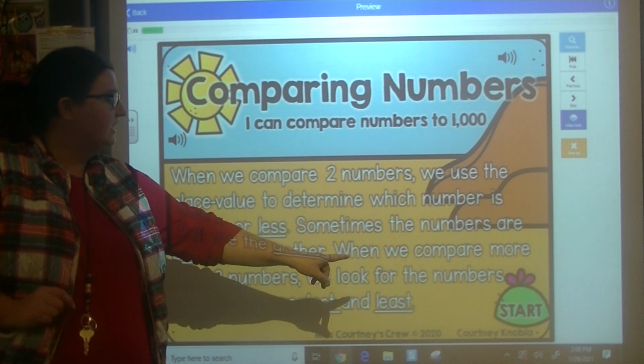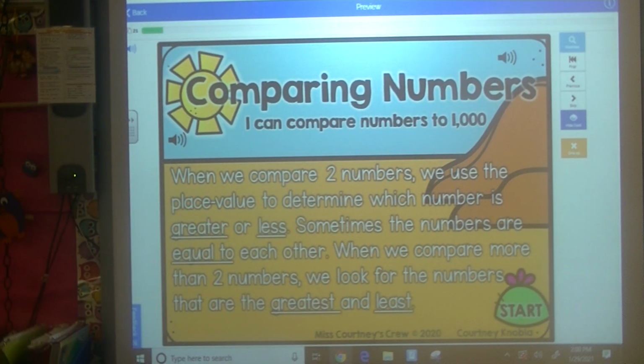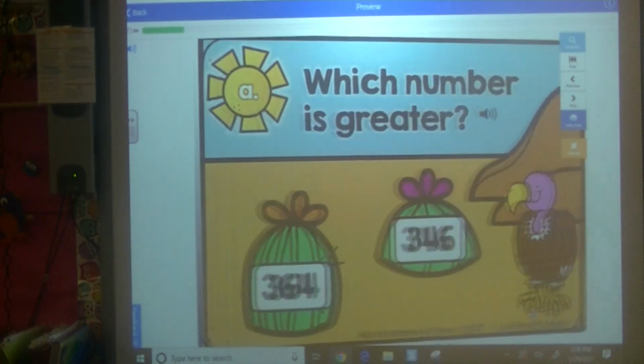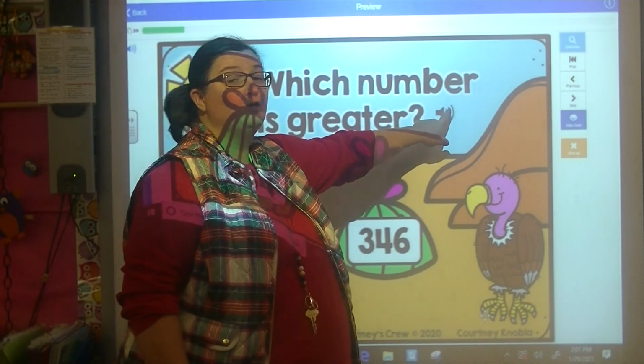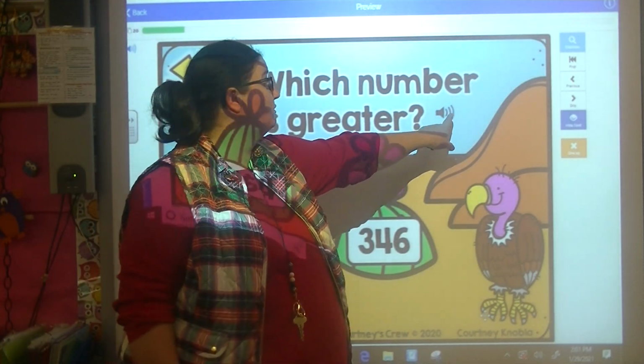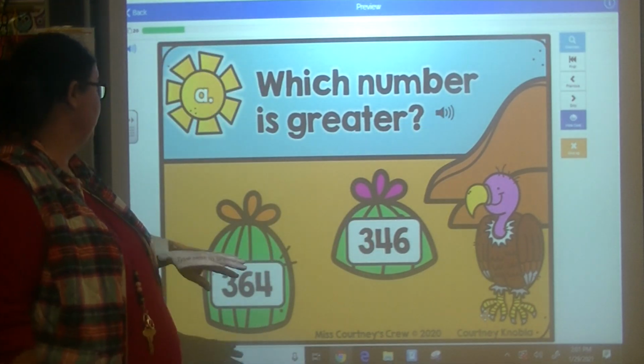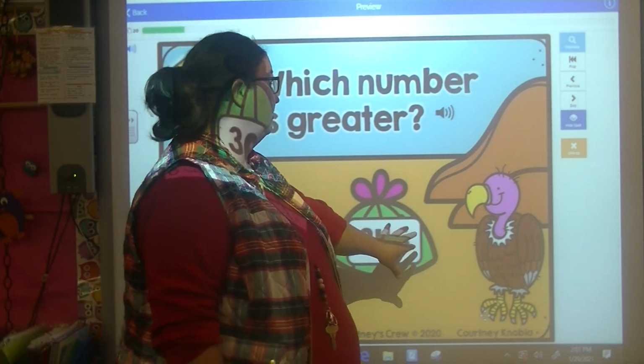When you click start, you're going to have a couple of cards that ask you about greatest and least. If you click on voice, it will read it to you. So if you click right here and you can't read the words, it will tell you what it says. You'll click on the number.